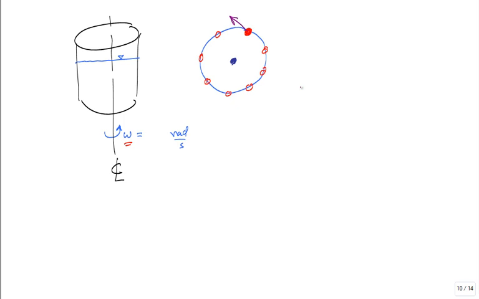And that speed of the chunk of fluid is or is not changing with time. Is the speed of the chunk of fluid changing with time or not changing with time? It's not. Is the velocity of that chunk of fluid changing with time? Yes.